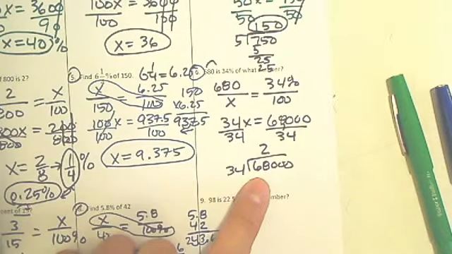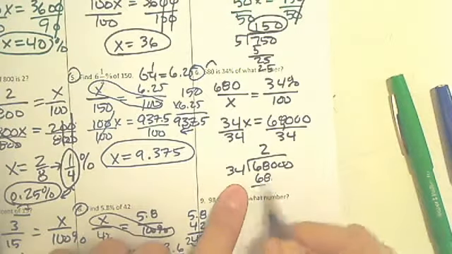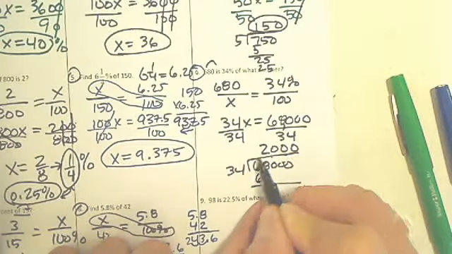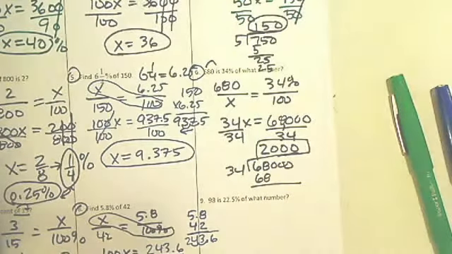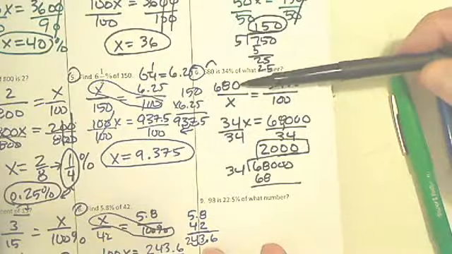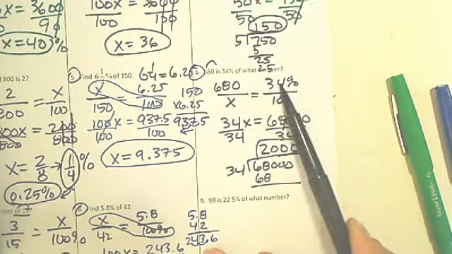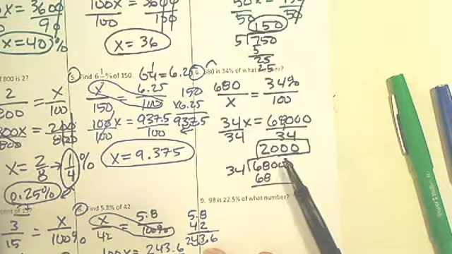The answer is not 2. Be careful right here. You have to carry the 0 up, up, and up. 2,000, not 20. It's 2,000 because you have to bring down all those zeros. So if you look at the answer, 34% of 2,000 is 680. The 2,000 represents 100% of the number. This is only 34% of the number.